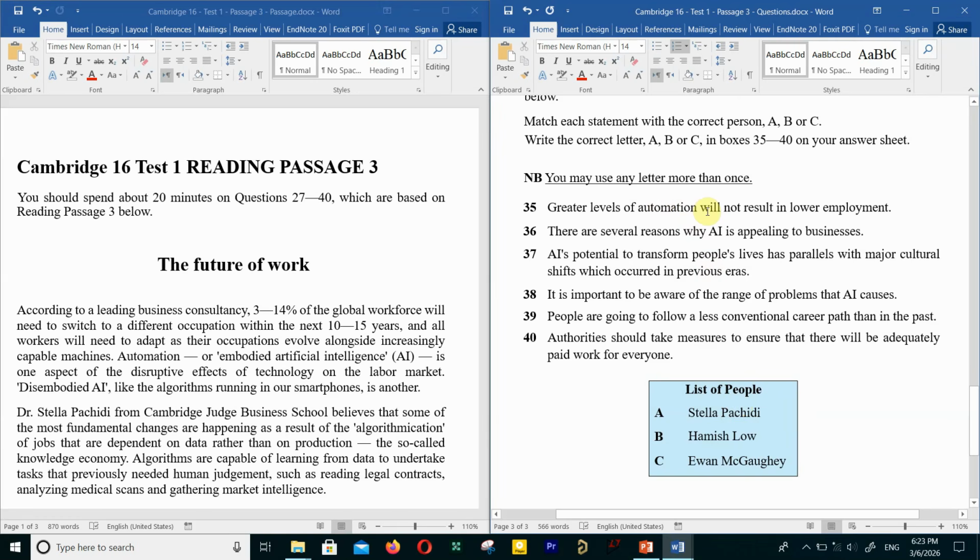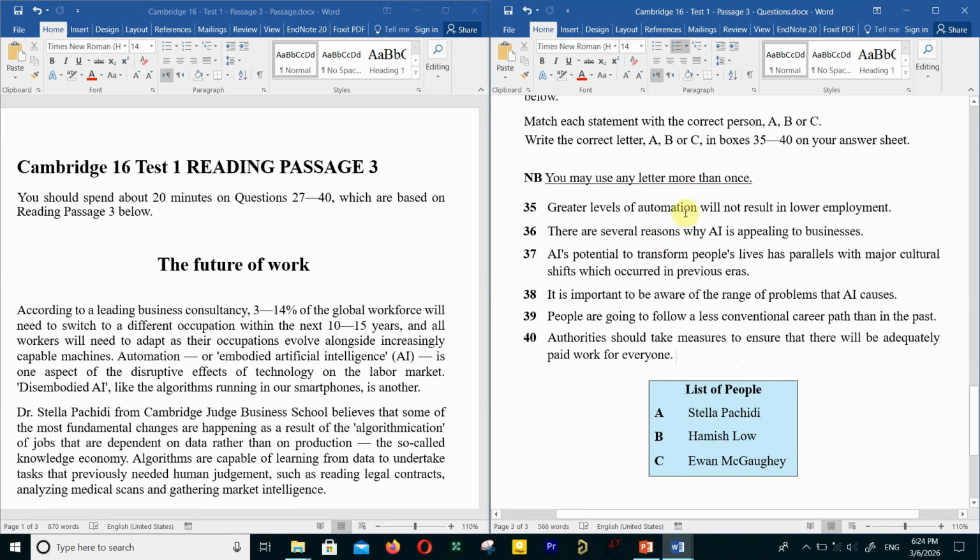Statements normally are placed in quotation marks like this. So be careful to find these, but before that you can highlight the most important keywords in these statements to know where to look.